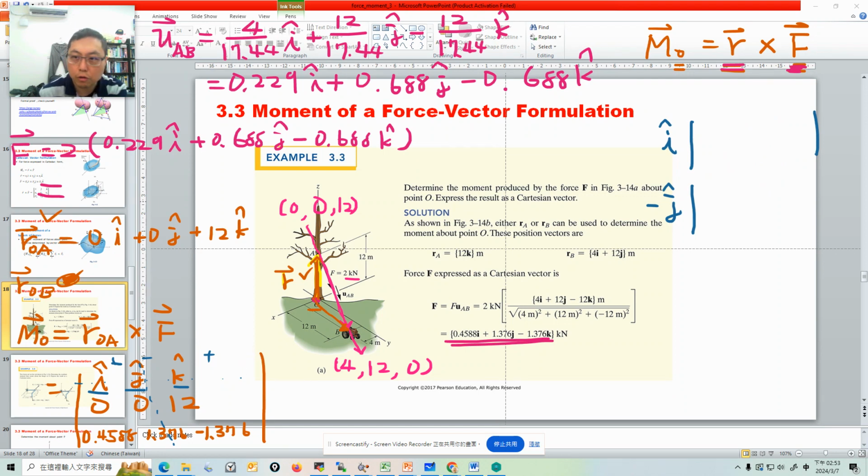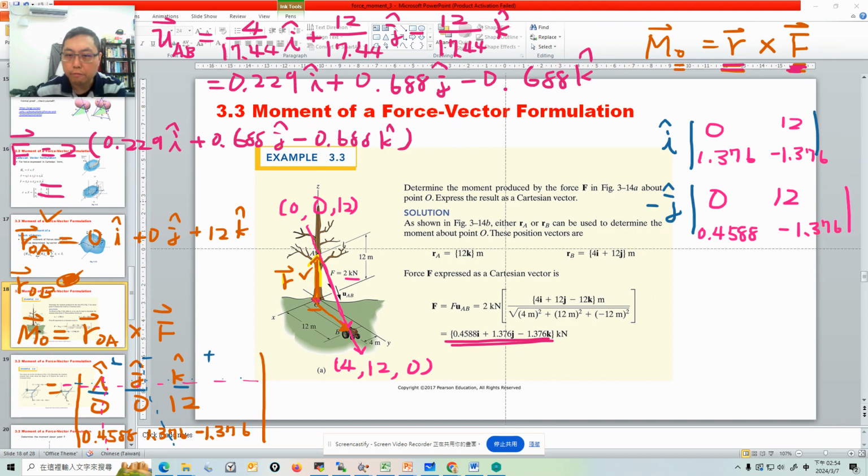Doing the first cofactor, you block this element, so it will be 0, 1.376, and 12, minus 1.376. So you use i for the cofactor expansion. If you use j for the cofactor expansion, you just block this element, so it's 0, 12, 0.4588, and minus 1.376.